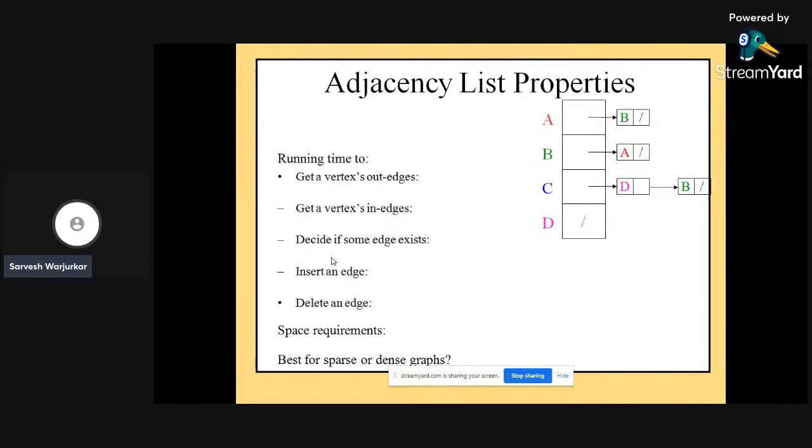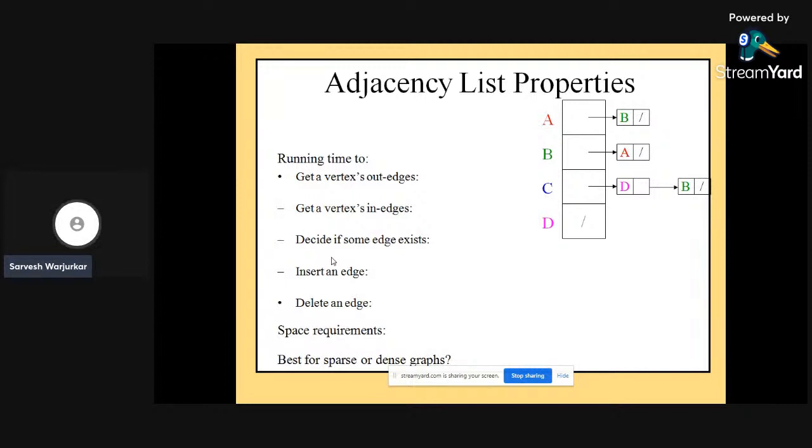Just like in the linked list, where nodes carry values along with pointers, that means the edges are connected, holding the address of the next location, so that it can get a vertex's out edges, get a vertex's in edges, and decide if some edge exists or not. Insert, that means addition of a new edge, is also possible. Removal of any edge is also possible, same as we have done in the linked list itself.